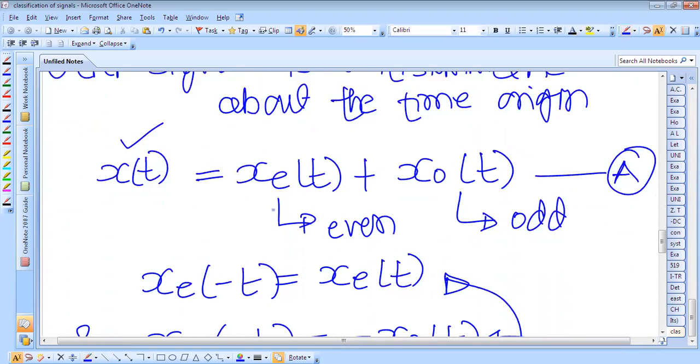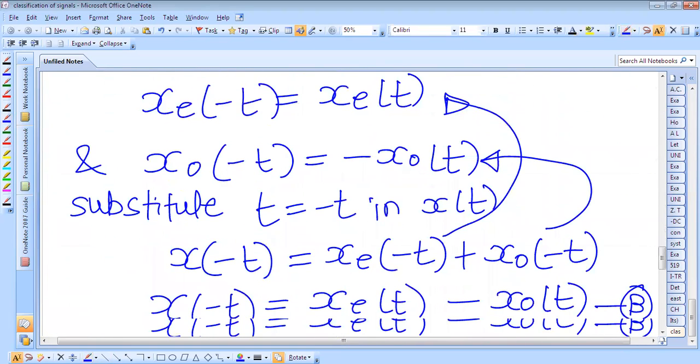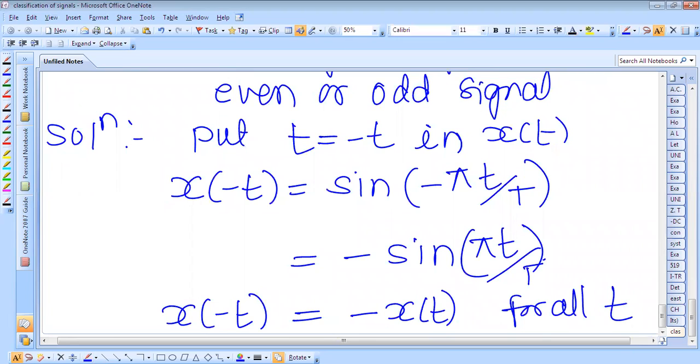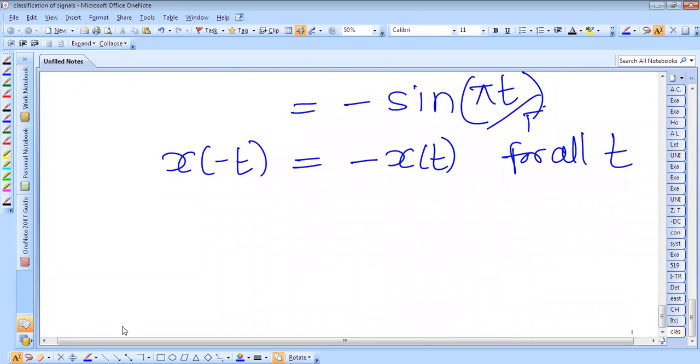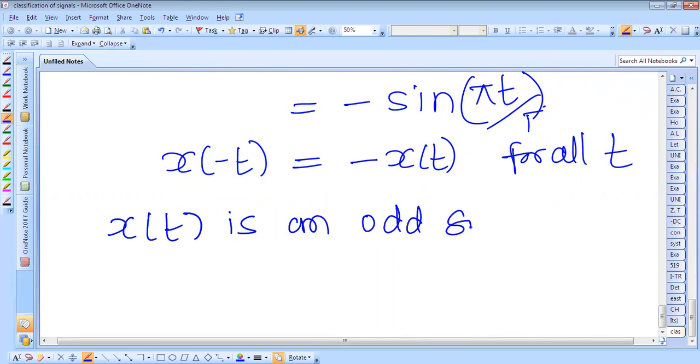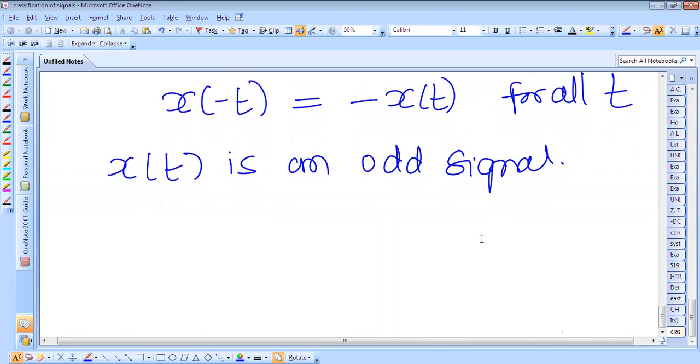So this condition prevails here. Hence, the given function x of t is an odd signal. So in this way, we can calculate whether the given signal is an odd signal or even signal.